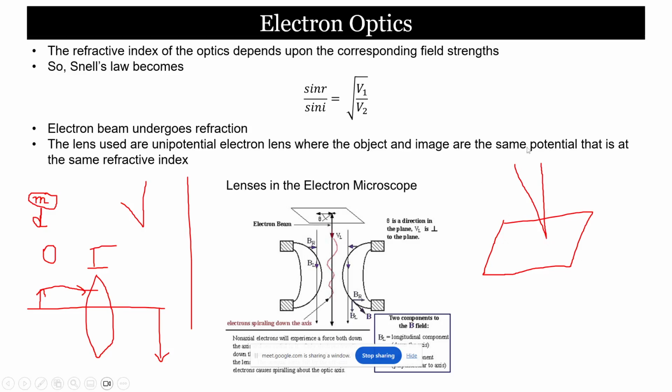So the optics used here is to converge this electron probe. It won't tell you directly the image correlation with the object.